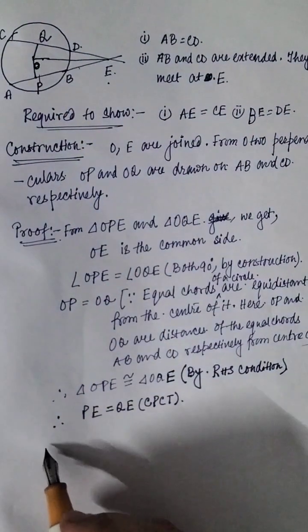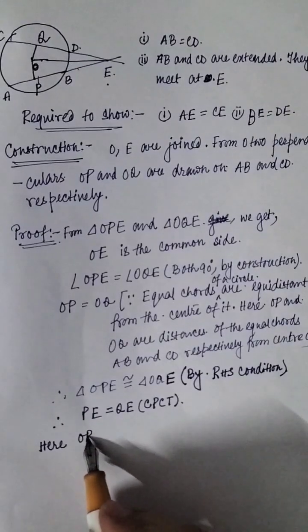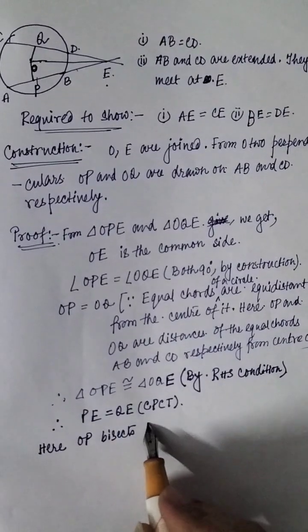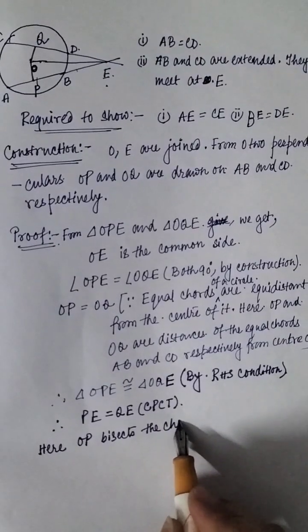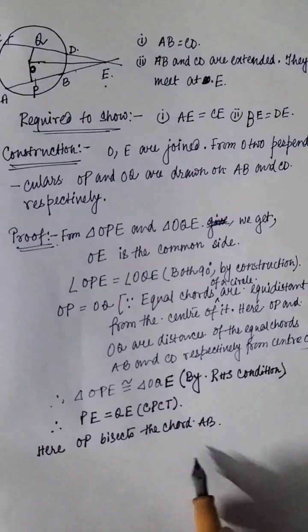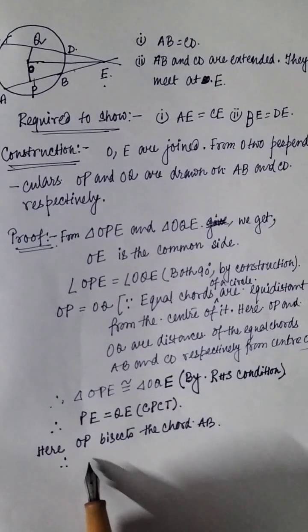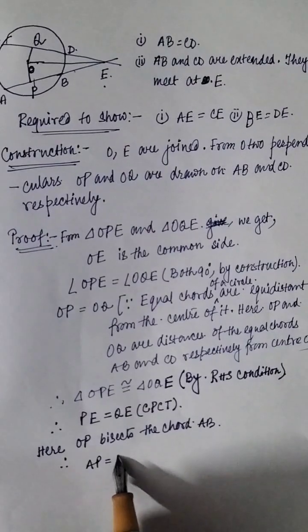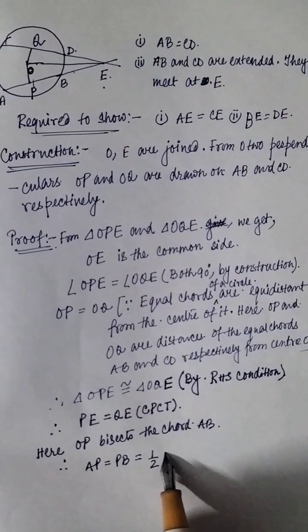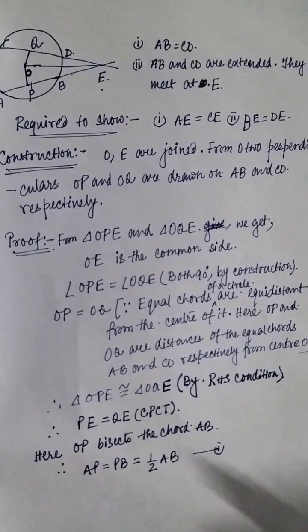So here we get, OP bisects the chord AB. This is a property of circle, right? So we can say AP equals PB equals half of AB. Ticket number 1.